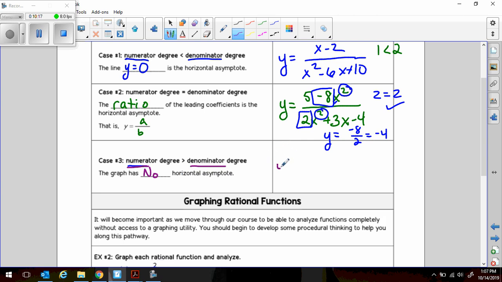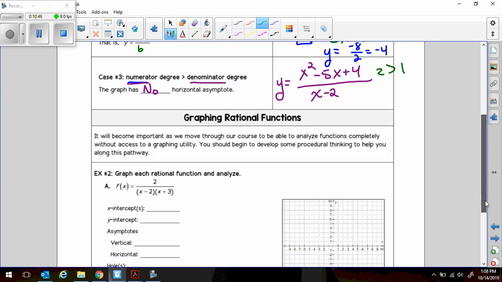So if we have something like y equals x squared minus 5x plus 4, divided by something with just an x, the degree of the numerator is 2, and that's greater than the degree of the denominator, which is 1. So there's going to be no horizontal asymptote. However, since the degree is 1 more than the denominator, there will be an oblique asymptote, and we'll go over how to figure that out.